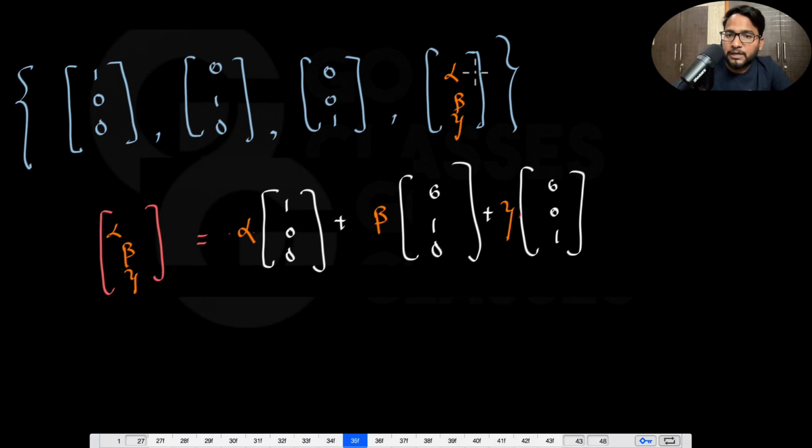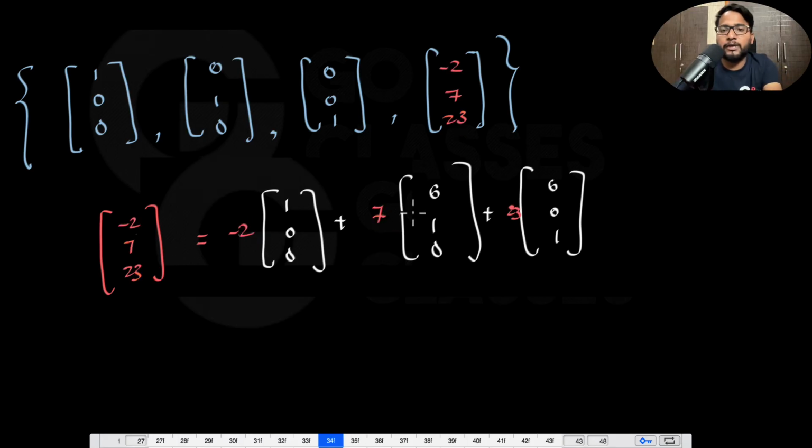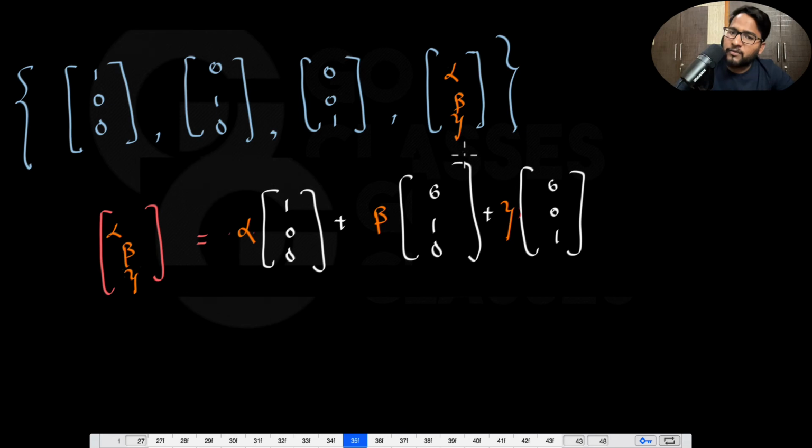See, this is very simple. If you want to represent alpha, beta, gamma with these 3 vectors, you can. You put any vector here, it's not just 3 5 7 or -2, 7, 23, it's not just about 1 or 2 vectors, and I will give you the coefficients. Luckily, I do not need to calculate them. Whatever vector you give me, the coefficients are the same.